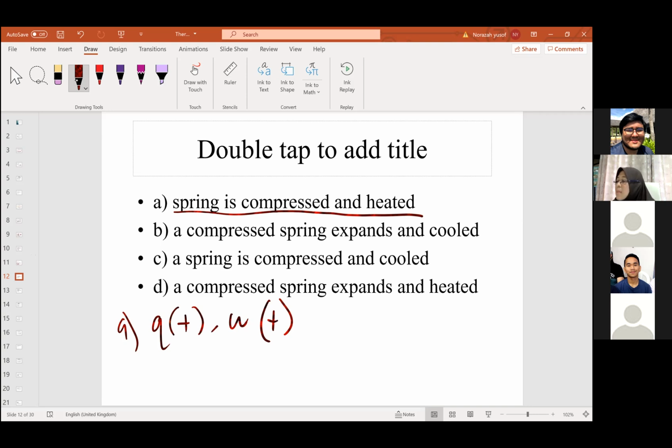Right. So B, Q is? Negative. All right, it releases heat to the surrounding. So work is? Negative. All right, it expands, work done by the system. C, a spring is compressed and cooled.